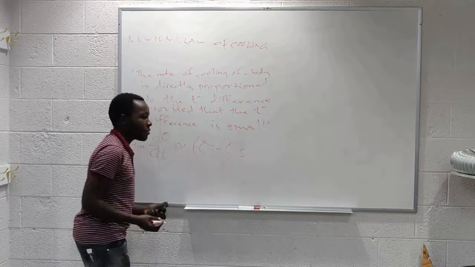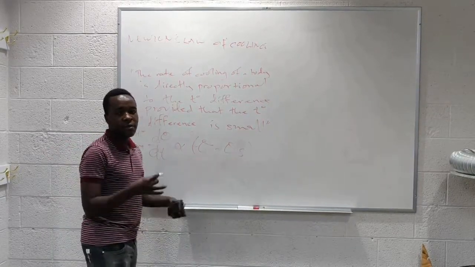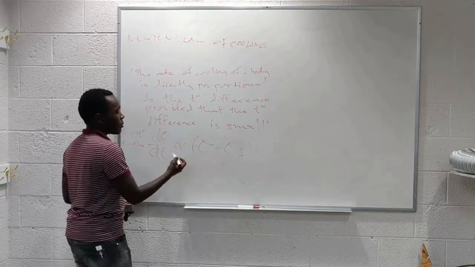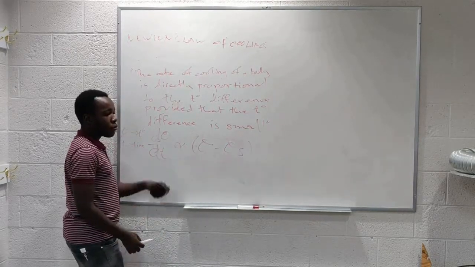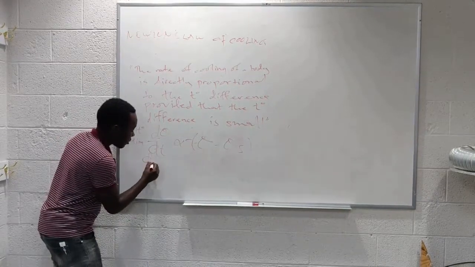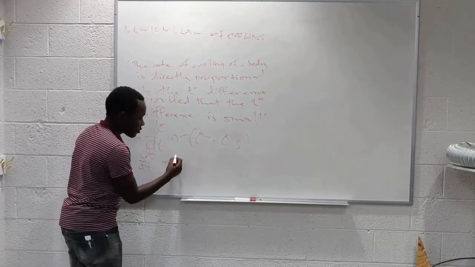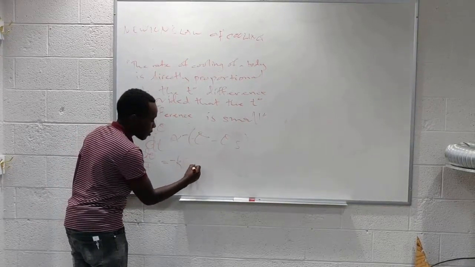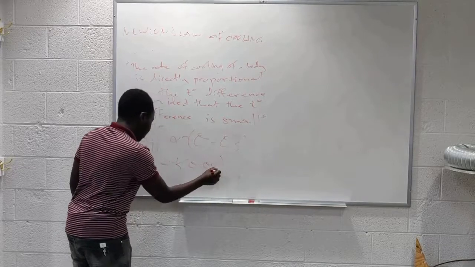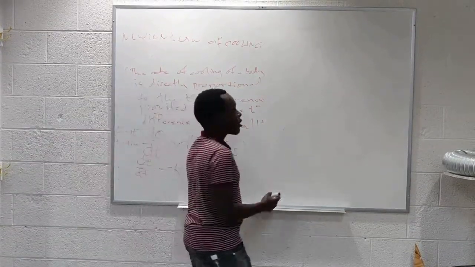That's the temperature difference, meaning the temperature of the body minus the temperature of the surroundings. Because the temperature of the body is cooling, so it's reducing, there will be a minus there. So dθ/dt equals minus a certain constant k, which you do not know, times (θ minus θs). So let's do some integration, some calculus.